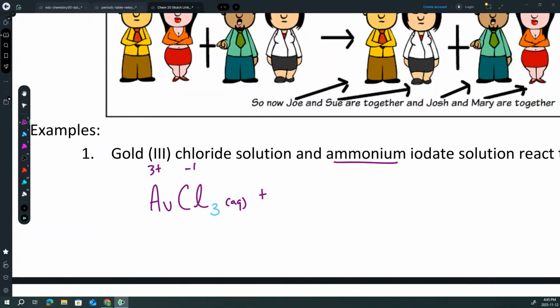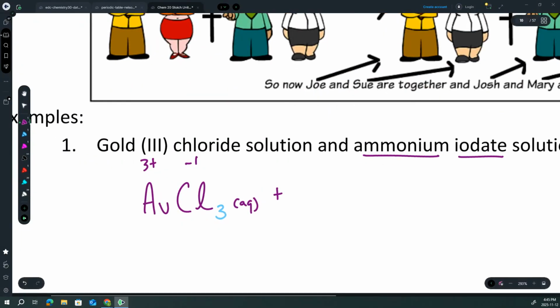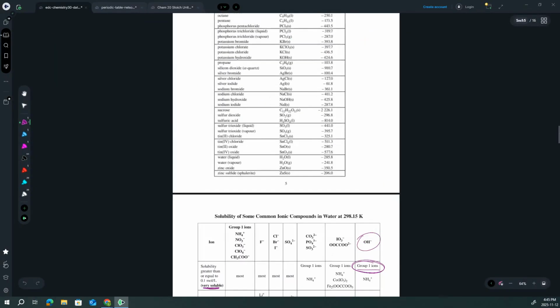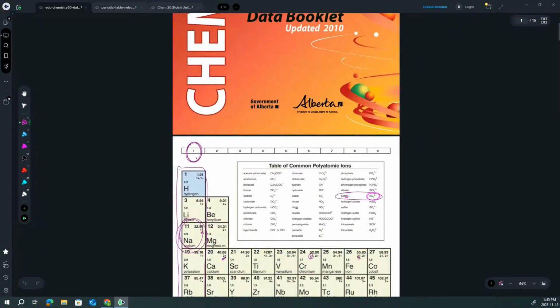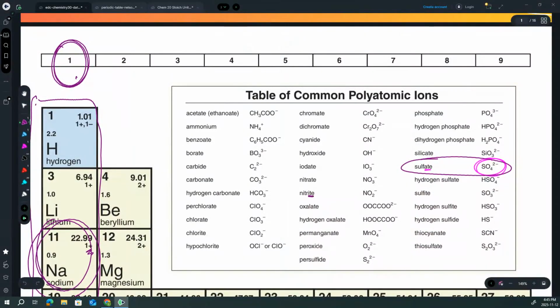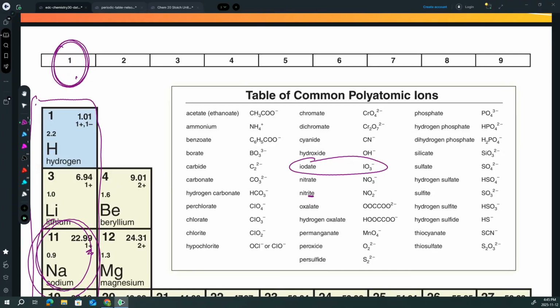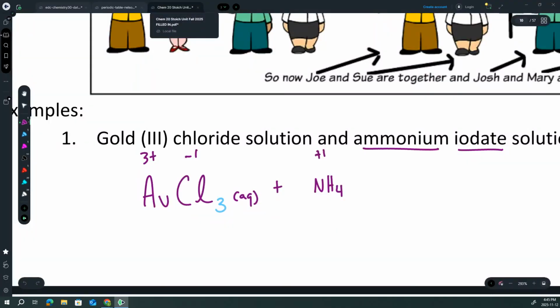And we have ammonium iodate. So remember, ammonium, even though it's made up of all nonmetals, acts like it's a metal. That's why we can still consider ammonium iodate as an ionic compound. And iodate, I gotta look that one up. Okay, so iodate is IO3 1 minus.